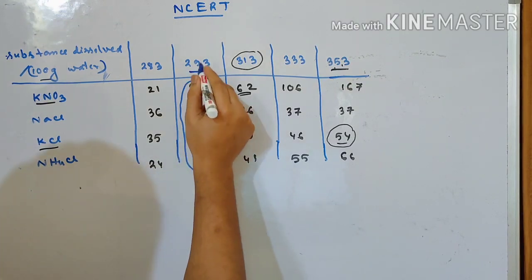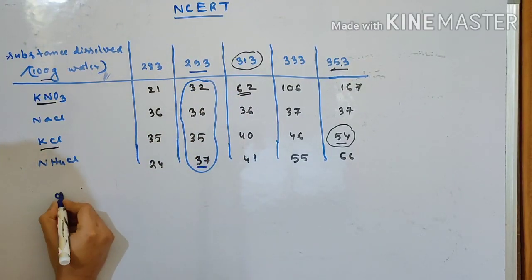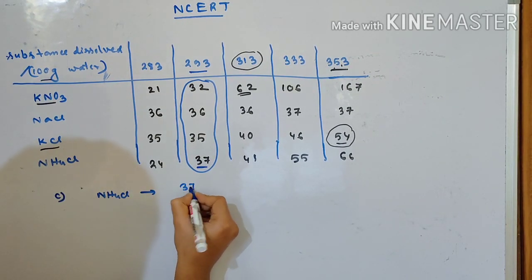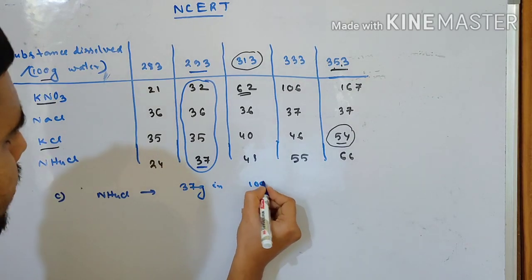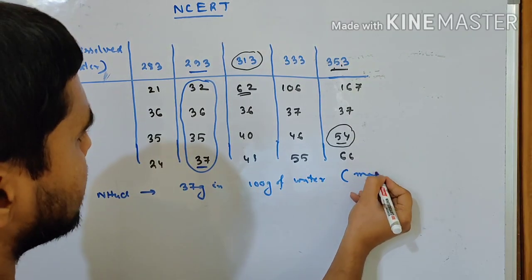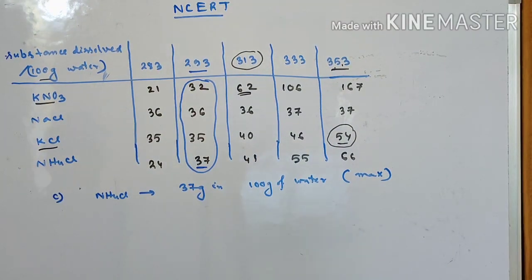Check at 293 Kelvin, the maximum amount, that is option C, ammonium chloride, which can dissolve 37 gram in 100 gram of water, that is the maximum solubility at that particular temperature. Next is, what is the effect of change of temperature on solubility of salt?